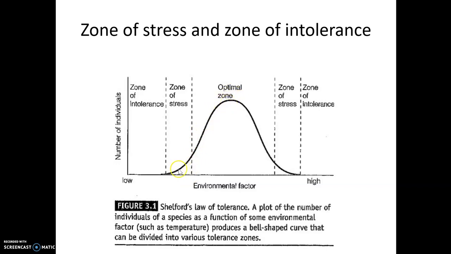In the zone of stress, so if the temperature becomes this low, we could still sustain perhaps a small population, but we wouldn't see many individuals. And if we end up here in the zone of intolerance, there would be no individuals of this species. The same goes for up here. Few individuals in the zone of stress and no individuals found in the zone of intolerance.